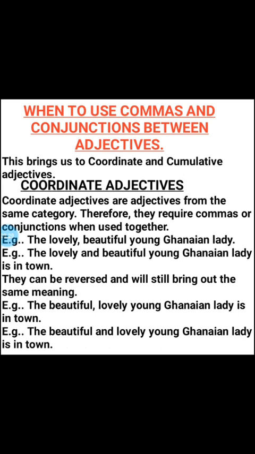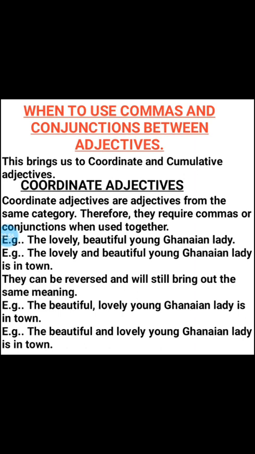Because in our second sentence, we have the beautiful and lovely instead of the lovely and beautiful, but we still have the same meaning. They're able to be reversed because they belong to the same category. You're telling us the opinion of the person.